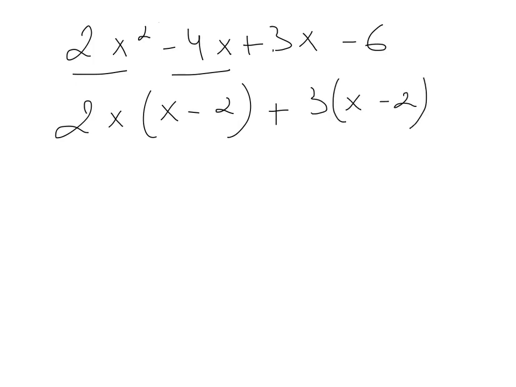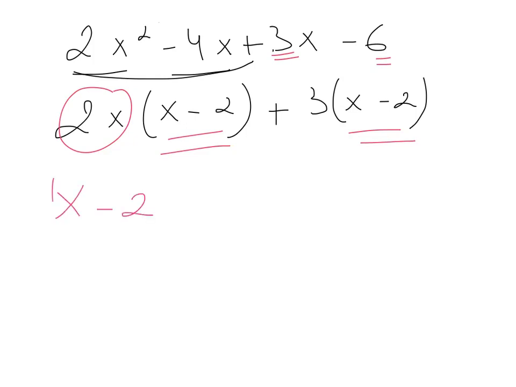We took a common factor of 2x here, and here we took a common factor of 3, which is a common factor between 3x and 6. We'll come up with x minus 2. Here we have factoring by grouping, with x minus 2 as a common factor. If we take x minus 2 from the first part, we're going to come up with 2x.